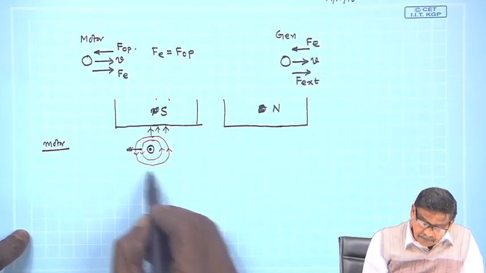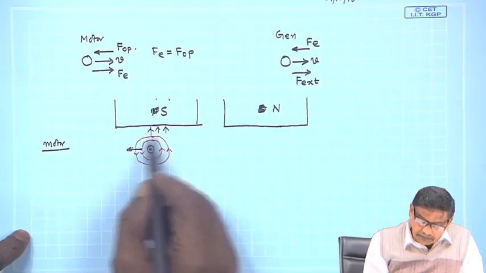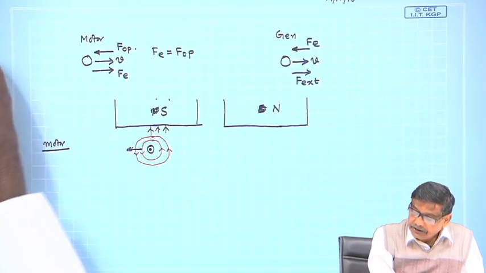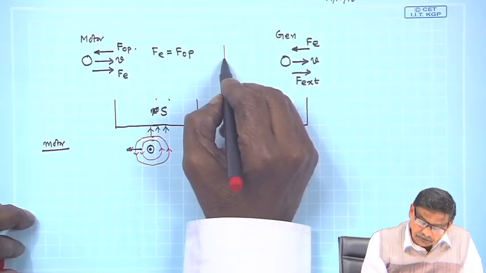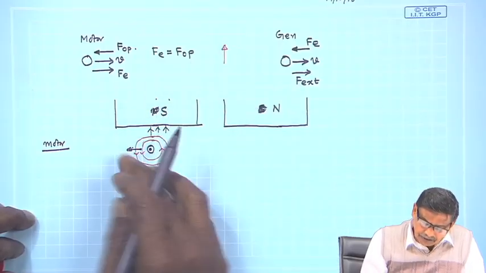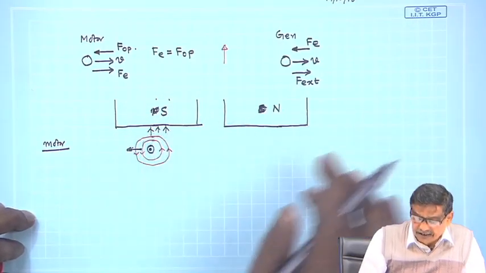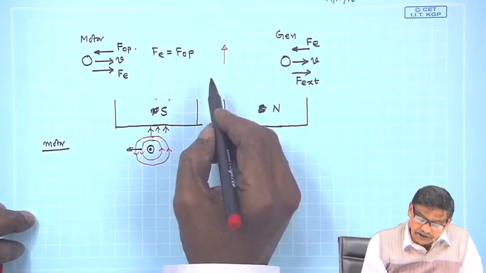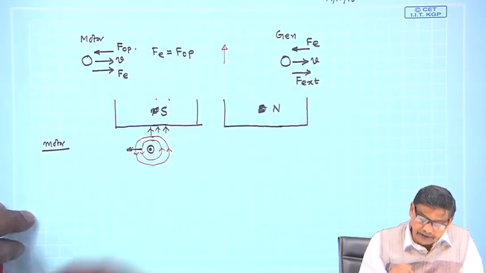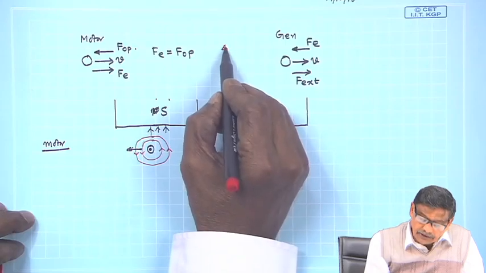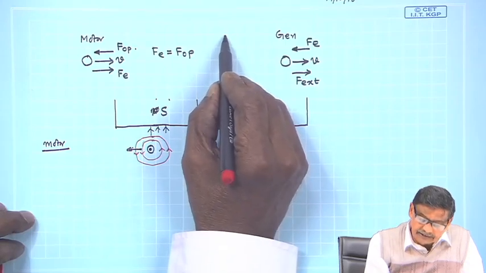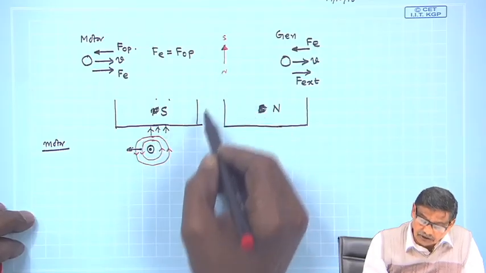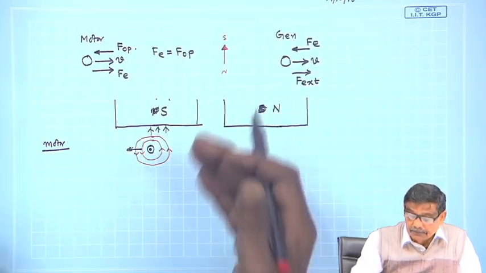The field around the conductor will be like this. Now, I also told you that instead of drawing so many flux lines, a representative way of showing the field lines is a single line. Where the arrow is, you will expect this side is south and the other side must be north, from which you can always imagine it like that.